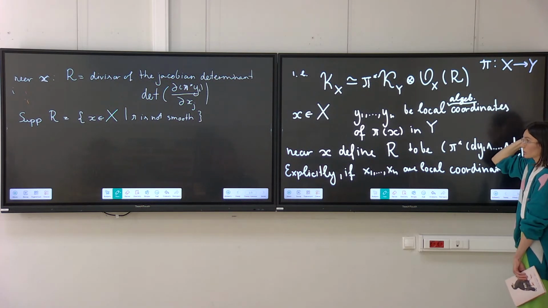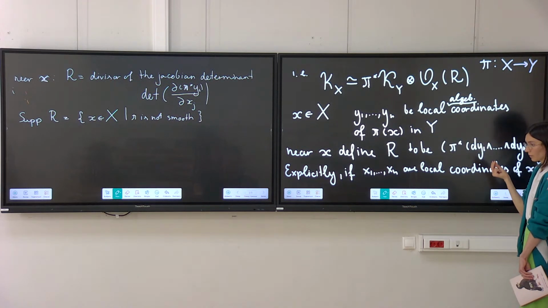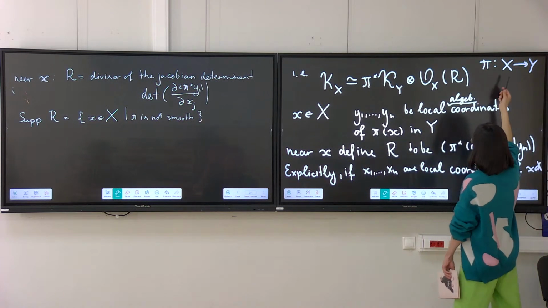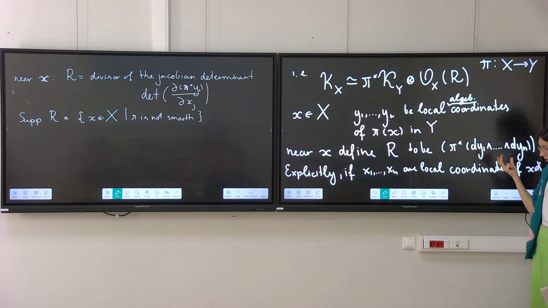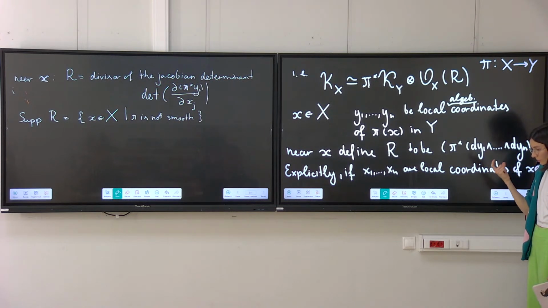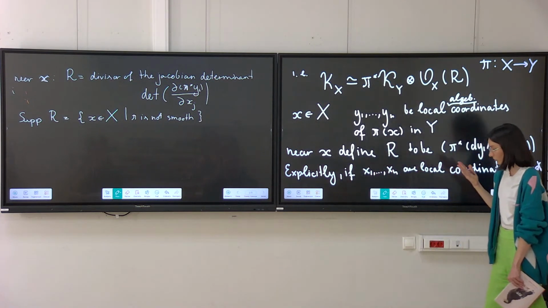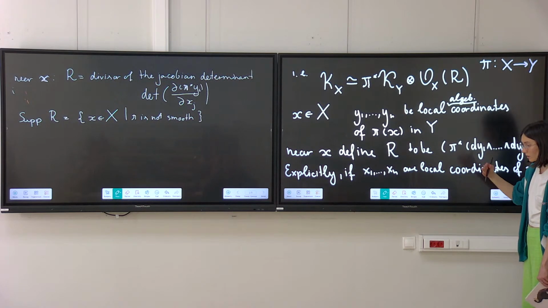And when the point is not smooth for the morphism, this means that the corresponding map of tangent bundles is not an isomorphism. So the ramification divisor R is something that parameterizes these points.